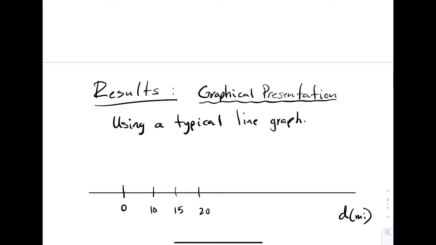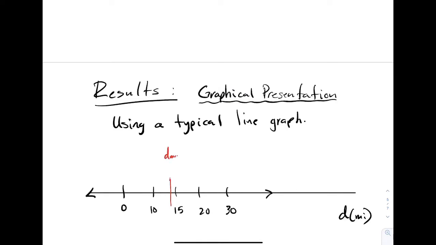If I write a unit on the axis, then I don't have to write the unit over and over again for each number. Anyway, I'm going to label first the mean value. The mean value was 14.1, so that's probably about here, maybe a little over.